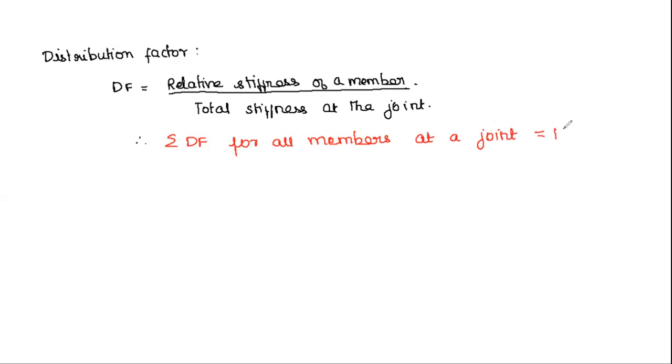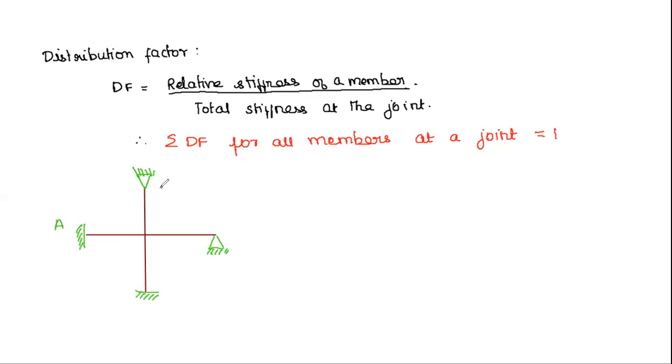So let us see with an example. Consider a frame. Here the first end A is fixed, end B is hinged, end C is hinged, and end D is fixed again.